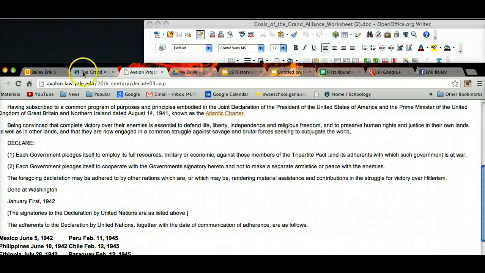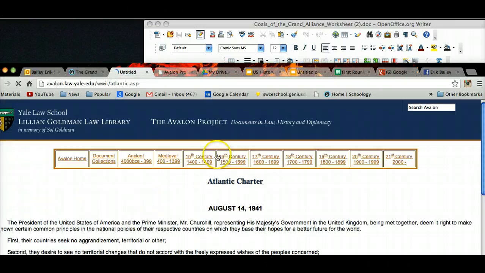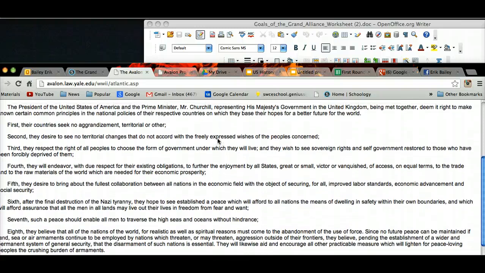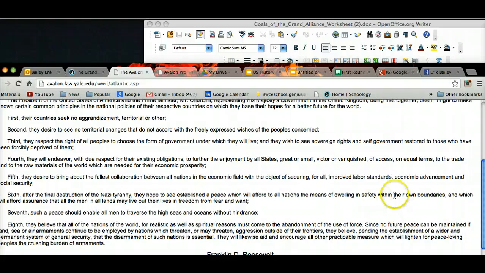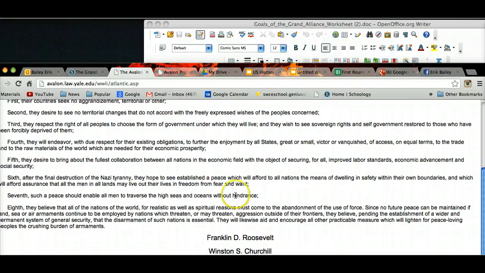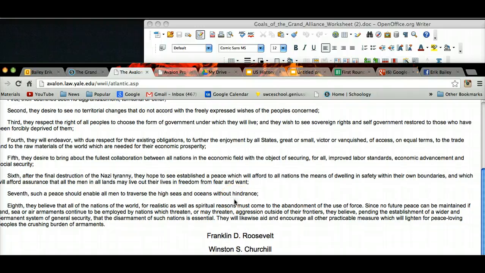Atlantic Charter, you could put, what does it say about making peace with the Axis powers? And it says, let me see here. No aggrandizement, territorial or other, to bring about full cooperation between all nations, or maybe threaten aggression.